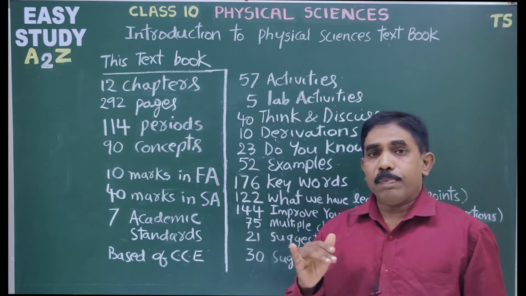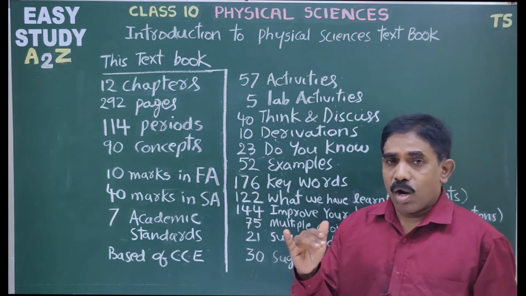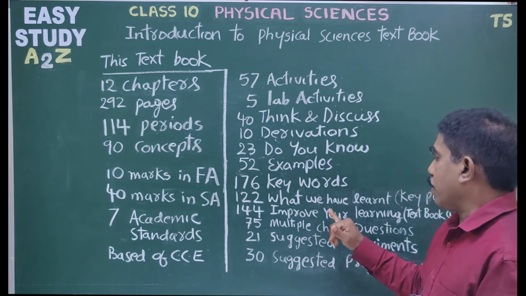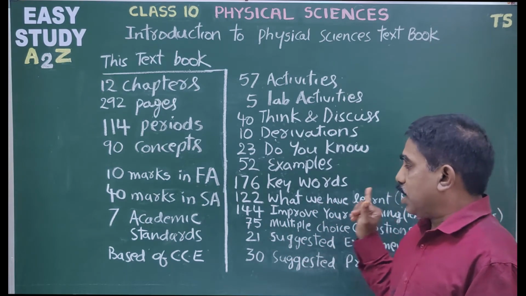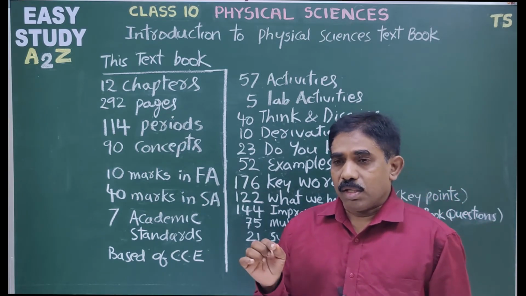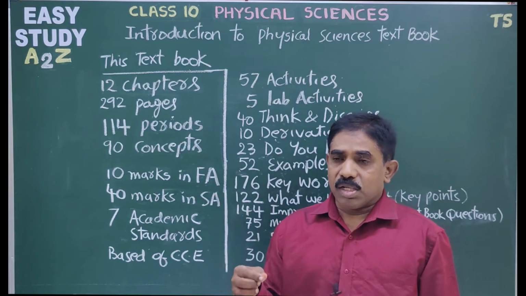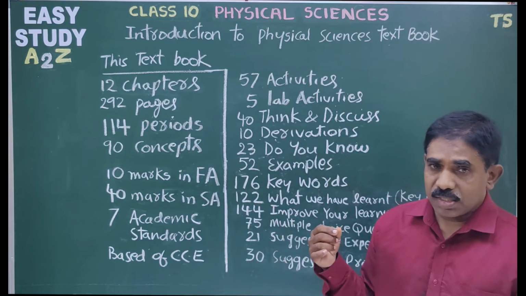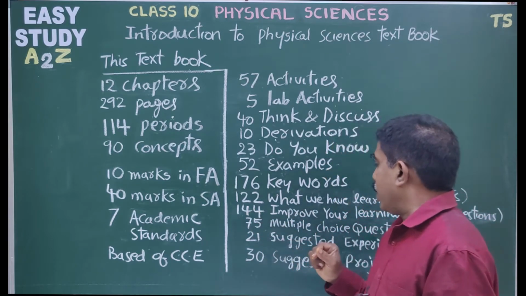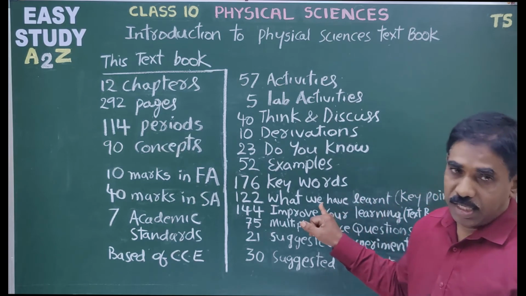At the end of the chapter, the author also has given what you have learnt. These are key points, given at the end of the chapter. Some small sentences will be given as key points. Sometimes formulas will be given as key points. Overall, we have 122 key points in the textbook.